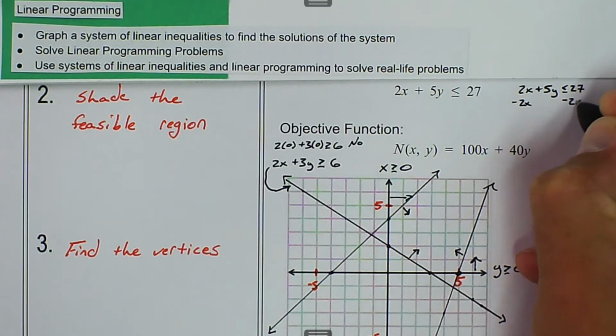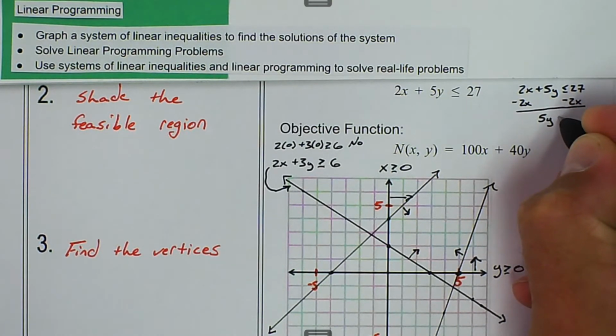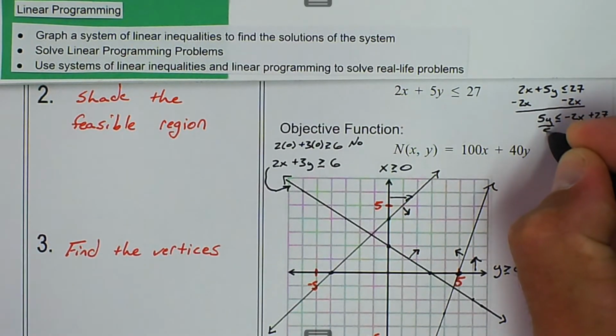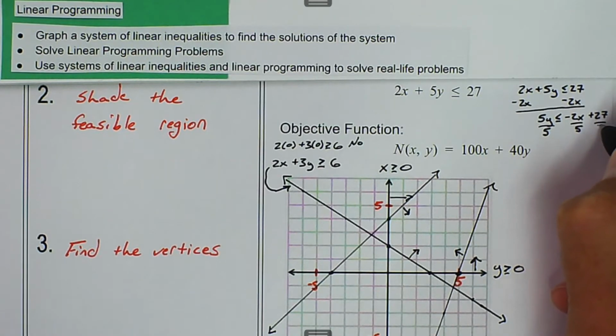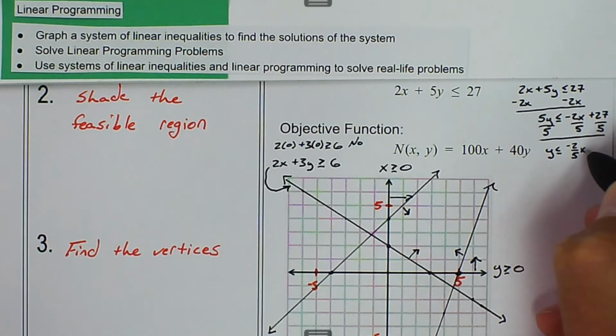Subtract 2x, and we get 5y is less than or equal to negative 2x plus 27. And divide by 5. And then we get y is less than or equal to negative 2/5 x plus 27 over 5, or 5 2/5.